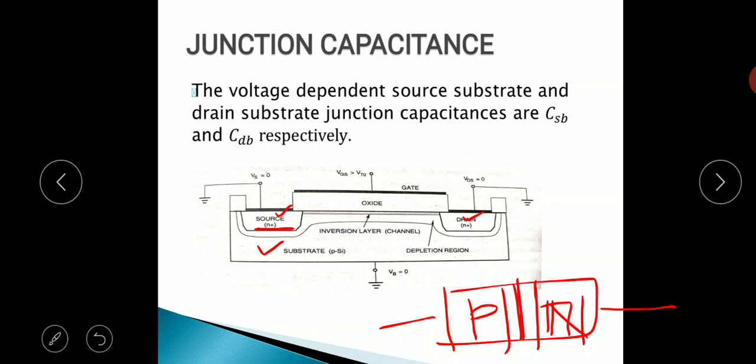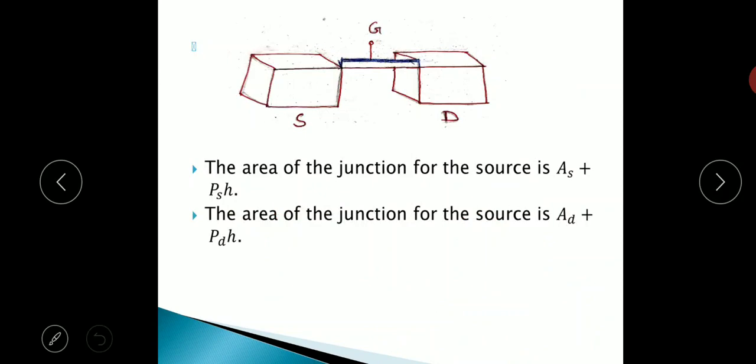If we give forward bias, then junction depth decreases and the capacitance increases. So, what is the area of this junction? To find out the area, we first approximate the source and drain region in a box shape, means rectangular shape. All of these surfaces contribute to the source to body capacitance.